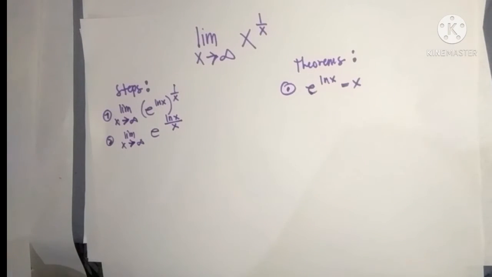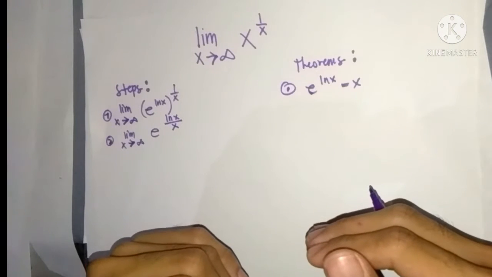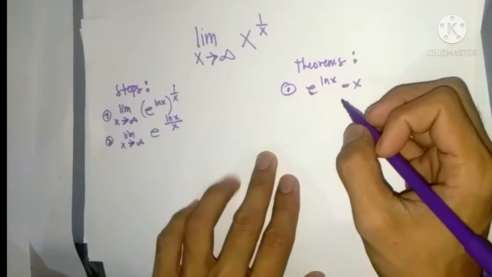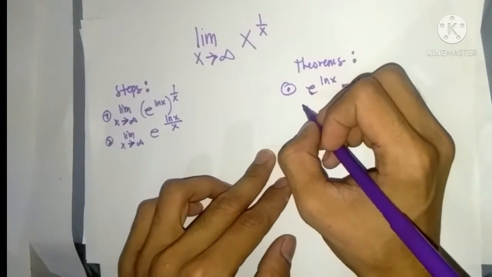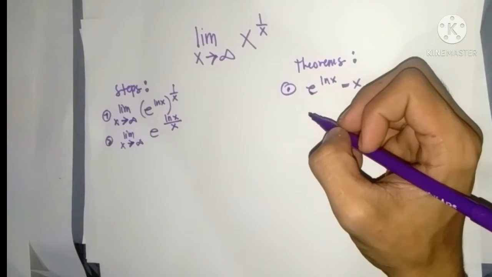So, anong sunod na proseso natin? May theorem na tinatawag na L'Hopital's theory or L'Hopital's rule of limit evaluation.